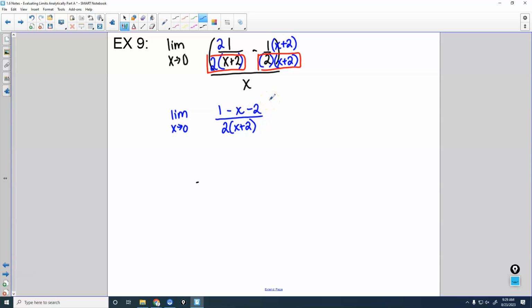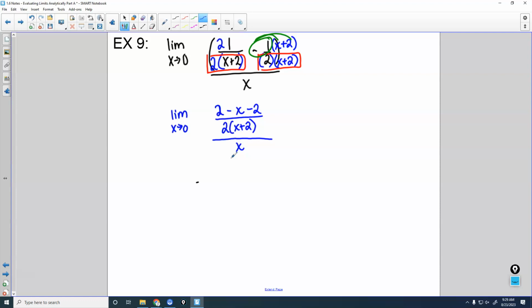Why did I make that a minus 2? This negative 1 right here has to get distributed to both of those. You might want to write a separate step on that. Oh, it should be 2. Thank you. And then we got an x right there. Okay?